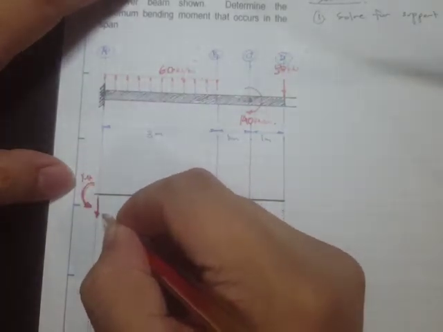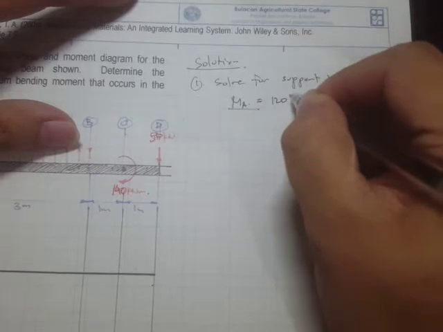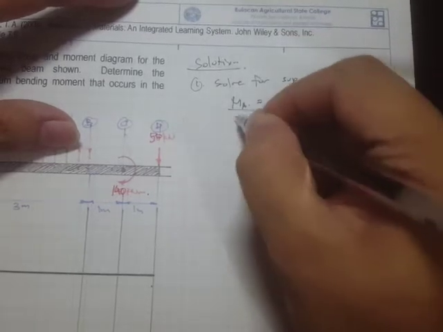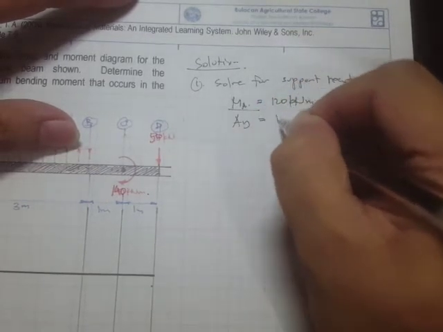Let's say this is MA, and this is AY. By applying the equilibrium equations, the value of MA, take note, this is the moment reaction at A, is equal to 120 kilonewton meter, and the value of AY is 130 kN.